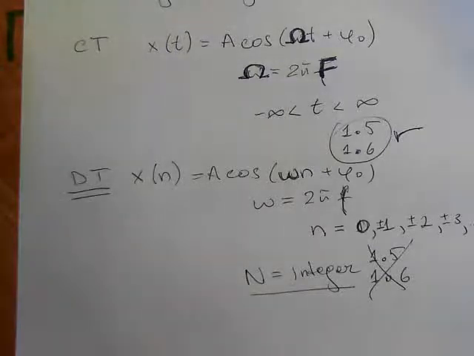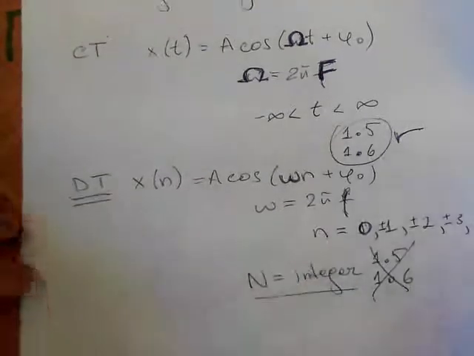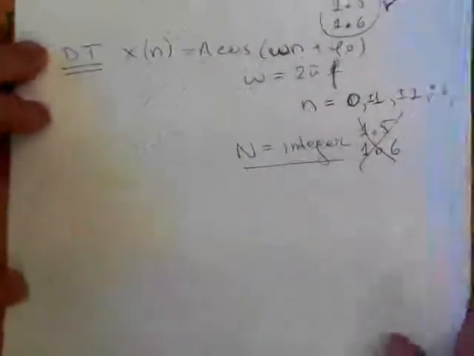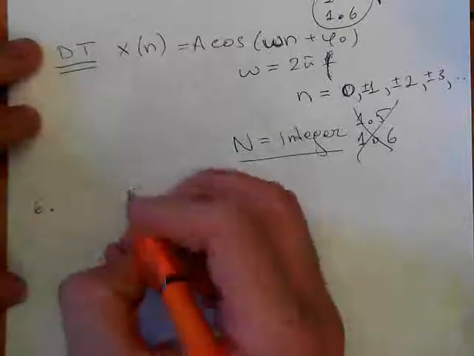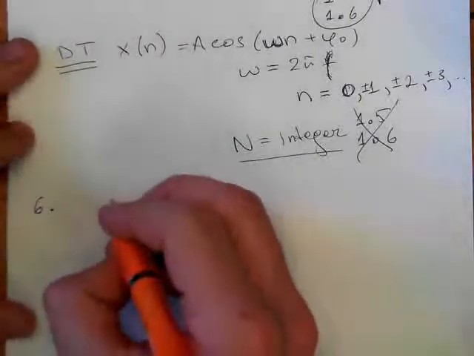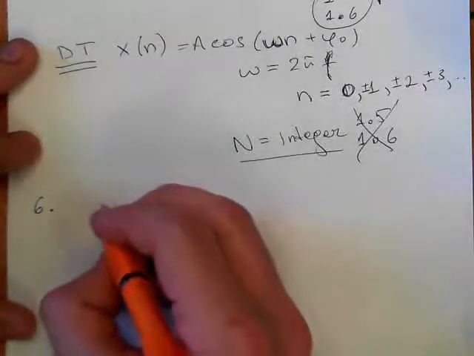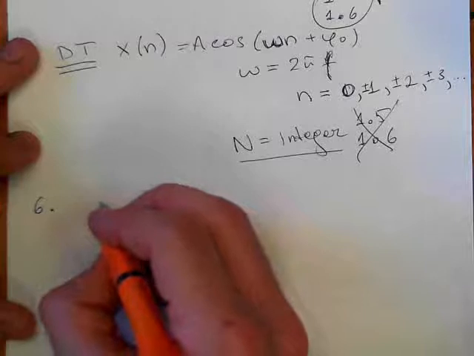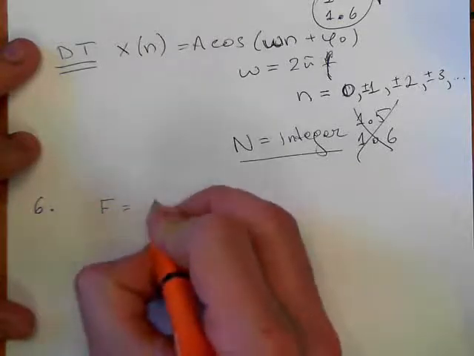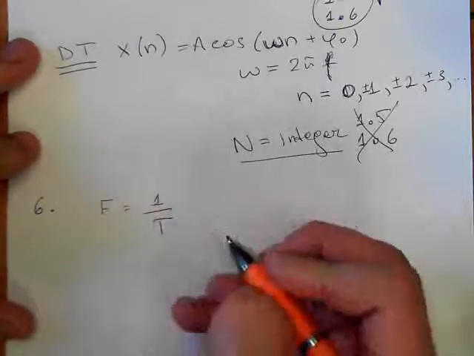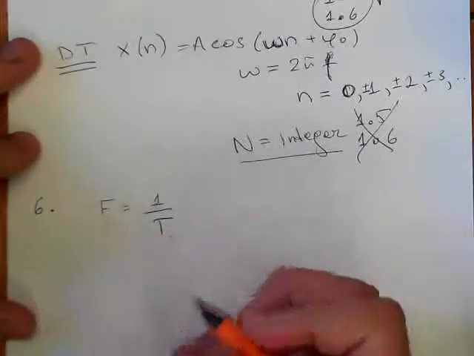Let's move to the next question. What is the relation of signal frequency to period? It's a very simple question. Most of you will know this. The relation is basically f = 1 divided by T, where f is frequency and T is period.